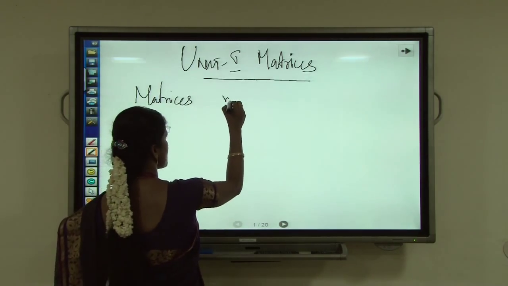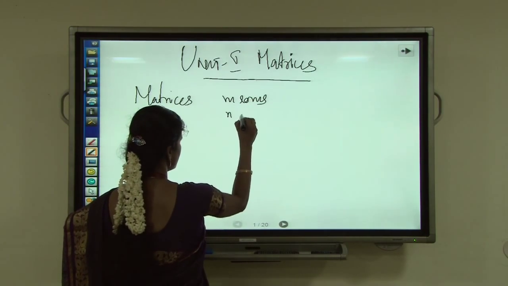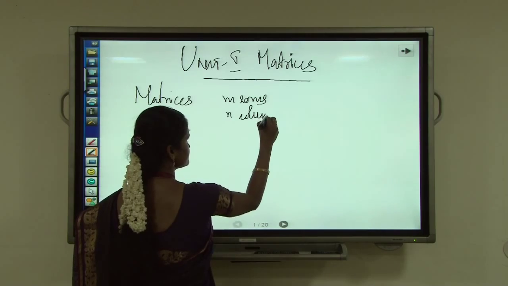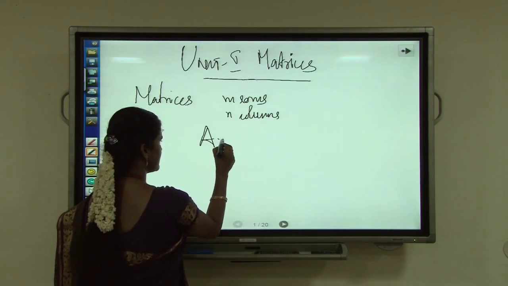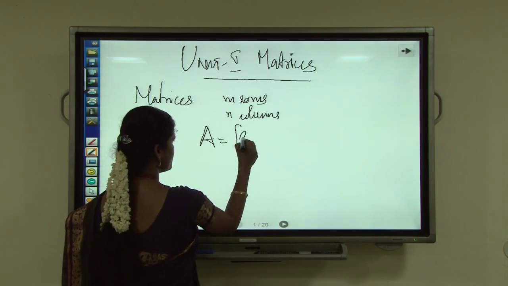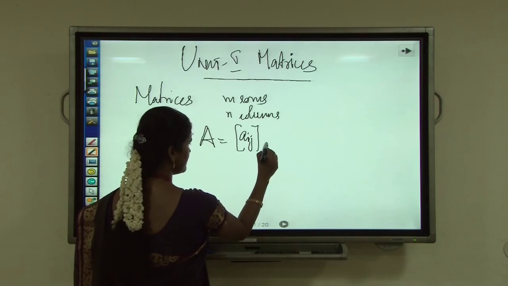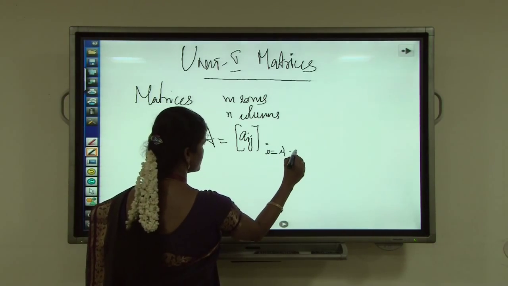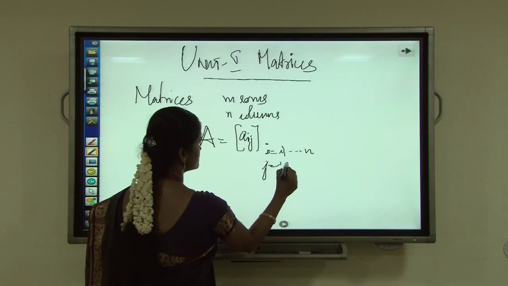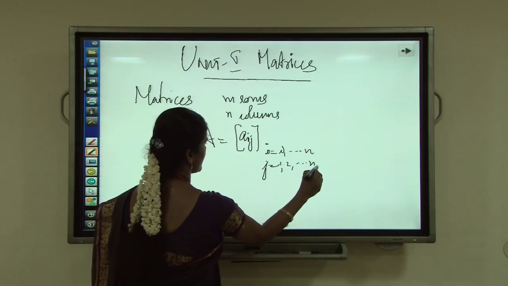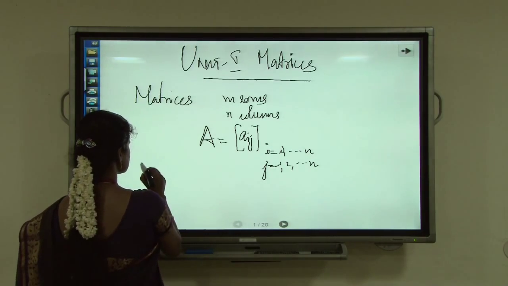It consists of m rows and n columns. How do we represent this? As capital A, the set of all elements a_ij, where i varies from 1, 2, up to m, and j varies from 1, 2, up to n. This is how we define matrices.